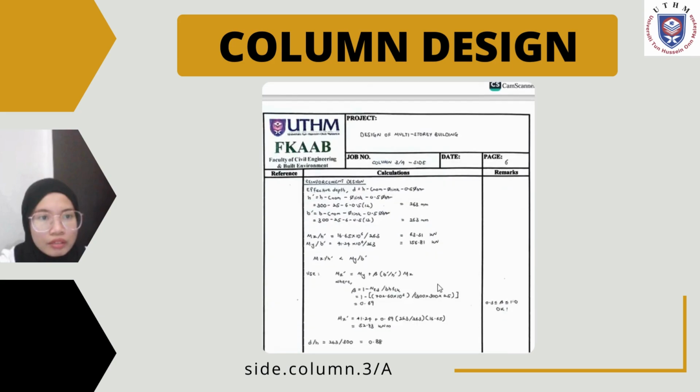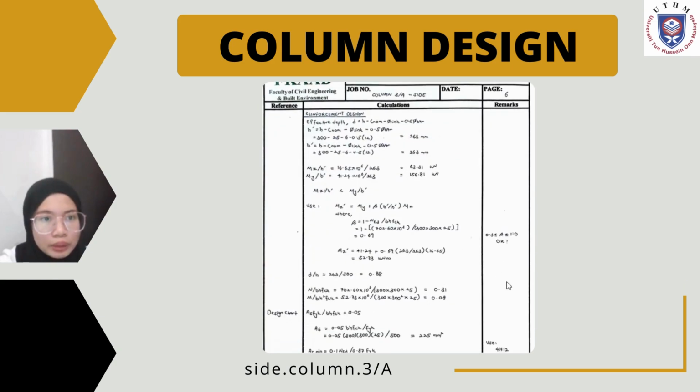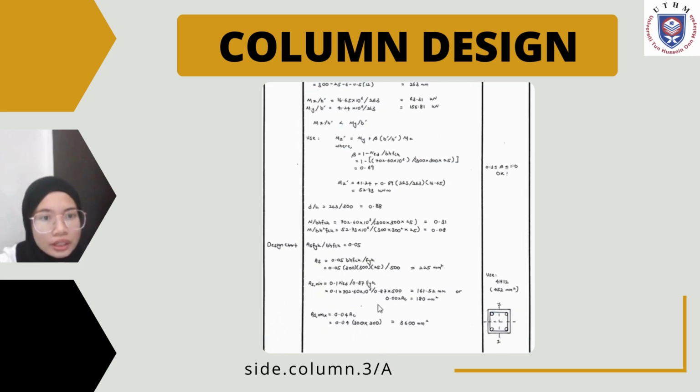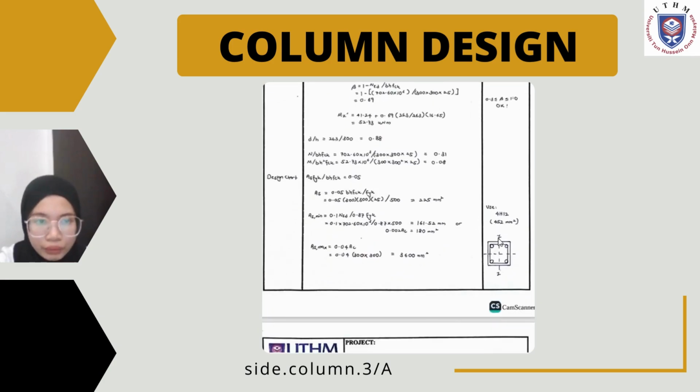However, reinforcement design should be calculated first by using this step for moment in both axes, and the AS that we provide is 452 mm square with bar 4H12, more than AS required, and 452 mm square is in the range of AS min and AS max.